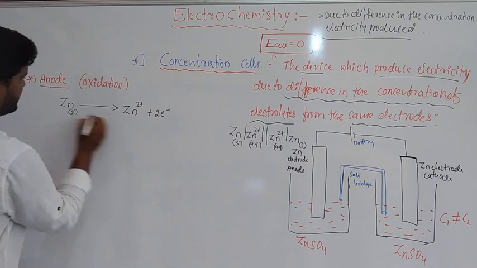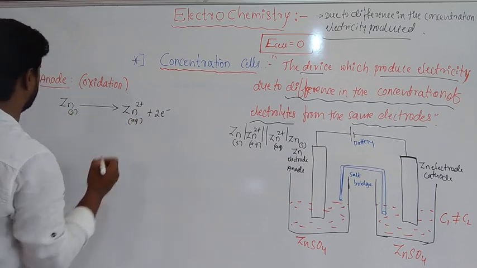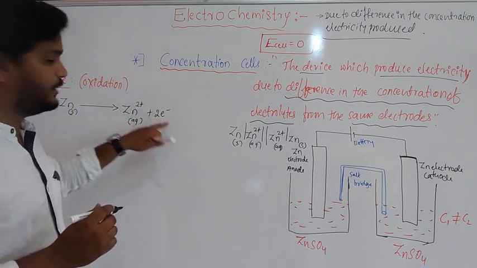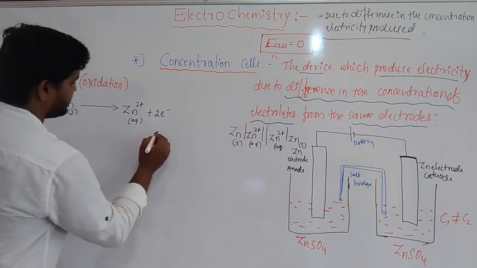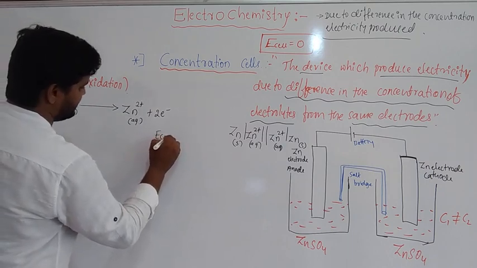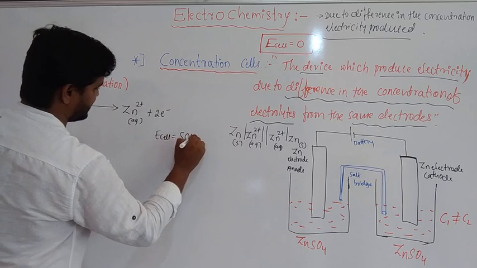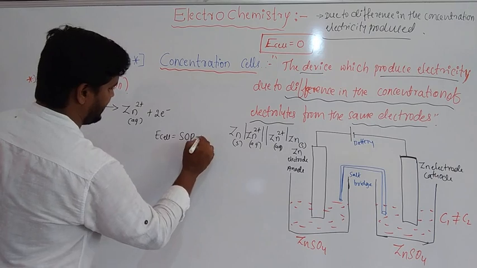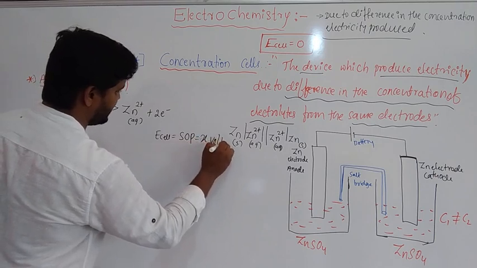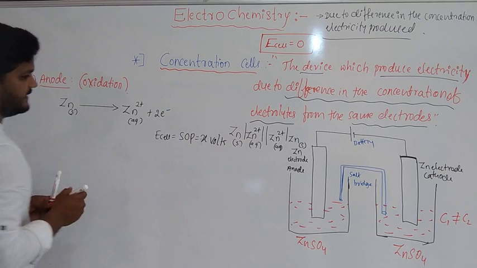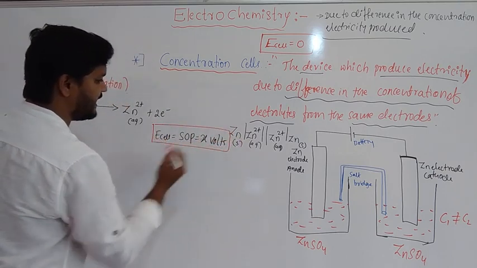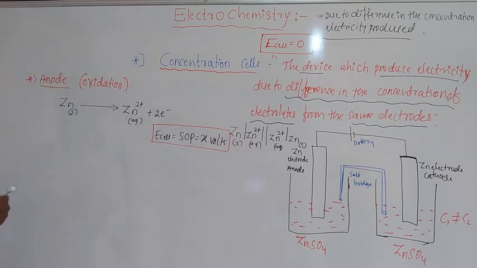This is solid, it becomes aqueous. The standard oxidation potential value of the cell is, just imagine, X volts.